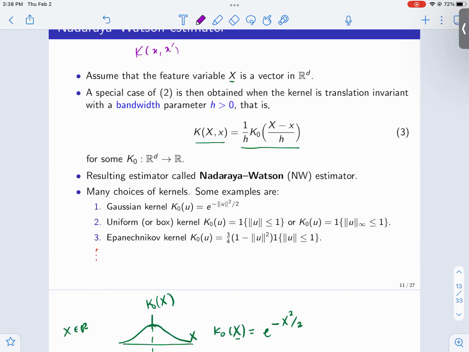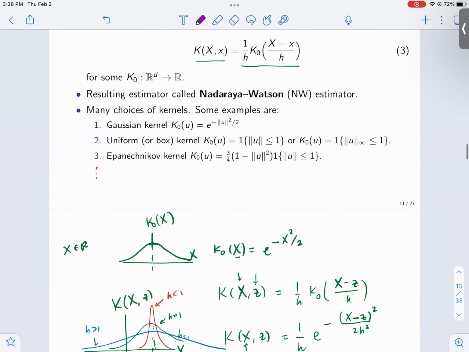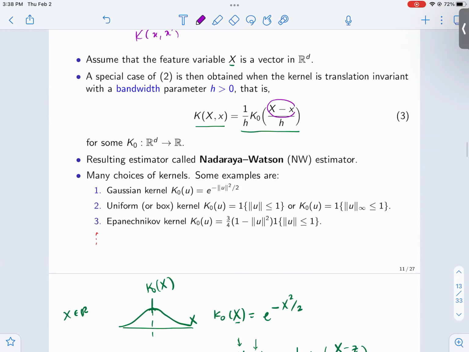For example, the Gaussian kernel, at 0 it's the highest, maximized, and as you go down, it gets smaller. When you look at the samples x and x prime and form the difference, if the difference is very small, you're here, so it gets very large. If they're very far apart, you're in the tails, so it gets very small. So it measures how similar they are.